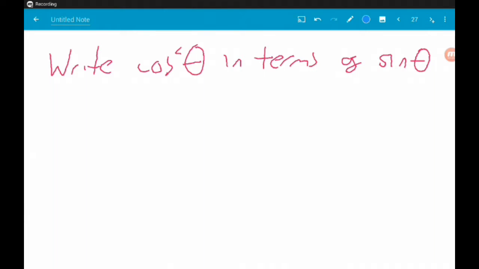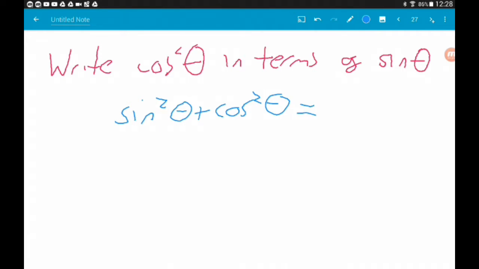Next up, we want to write cos squared theta in terms of sine theta. So not sine squared theta, sine theta. So given that we've got a cos squared, we are going to need sine squared theta plus cos squared theta is equal to 1. So if we rearrange that to get cos squared on its own, we get cos squared theta is 1 minus sine squared theta.